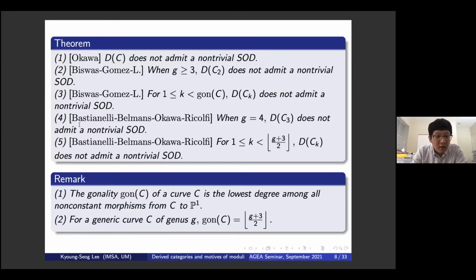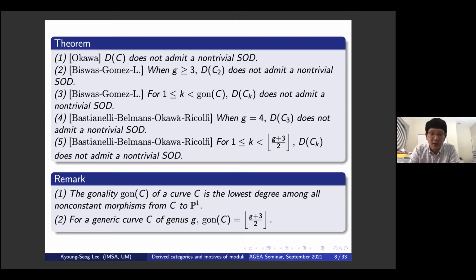Later, Bastianelli, Belmans, Okawa and Ricolfi proved that when the genus is exactly 4, the third symmetric product does not admit a non-trivial semi-orthogonal decomposition. They also developed a kind of deformation theory of semi-orthogonal decompositions, and proved that for k from 1 up to the integer part of (g+3)/2, the k-symmetric product does not admit a non-trivial semi-orthogonal decomposition.